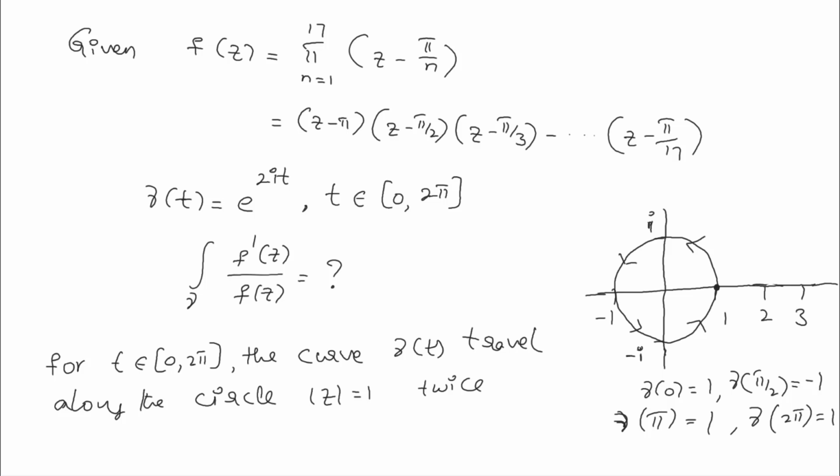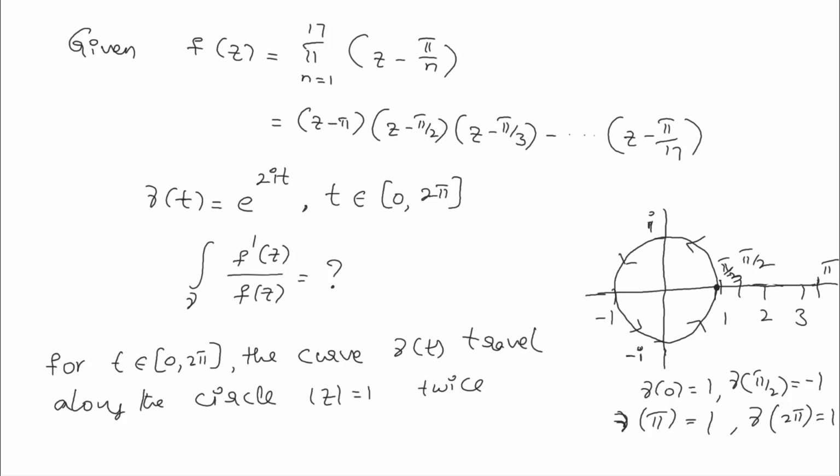So the point pi lies approximately here, and the point pi by 2 lies approximately at 1.57, that means approximately here, and pi by 3 is approximately here, and of course all these 3 points lie outside this circle, modulus equal to 1.